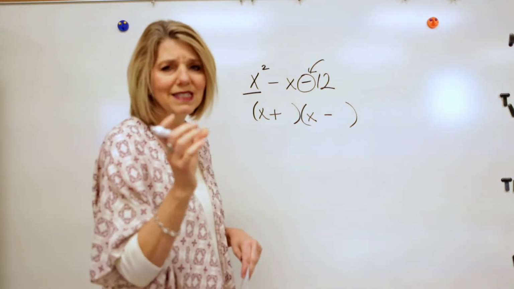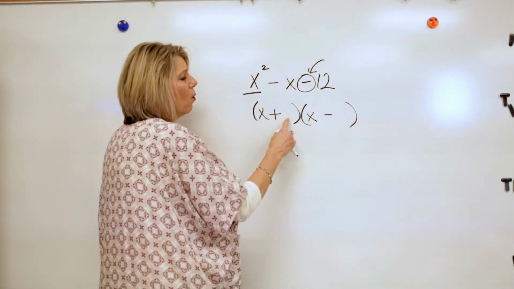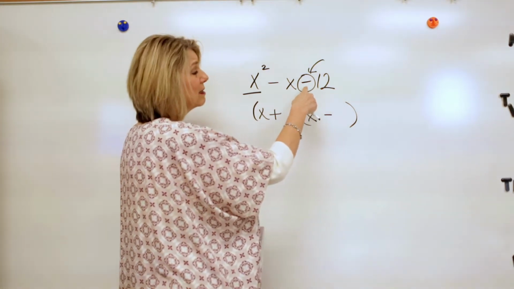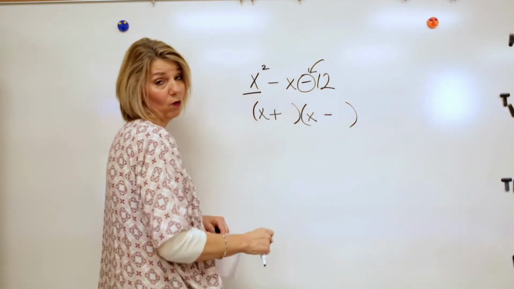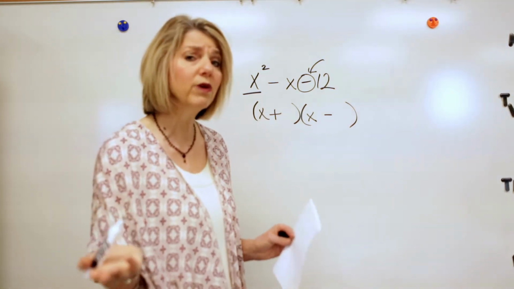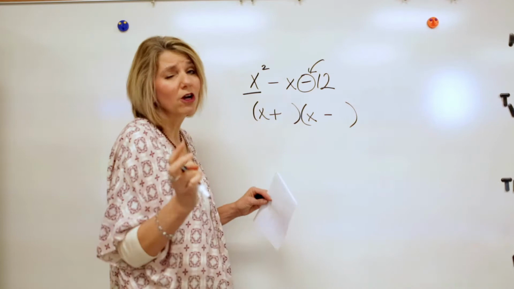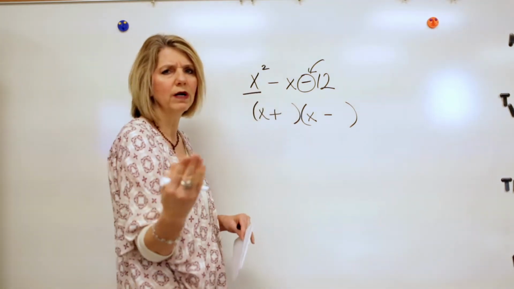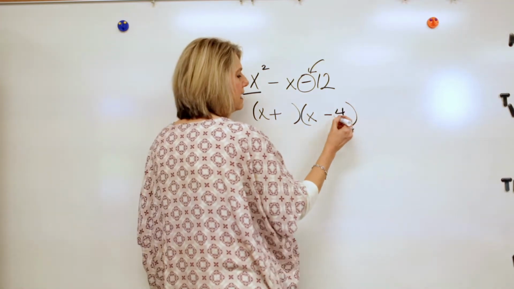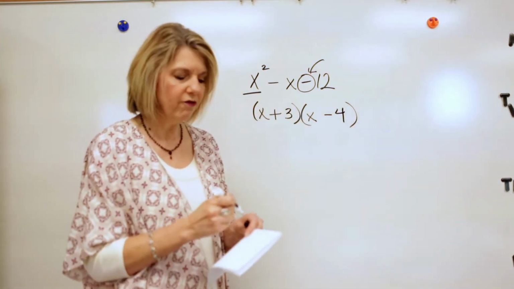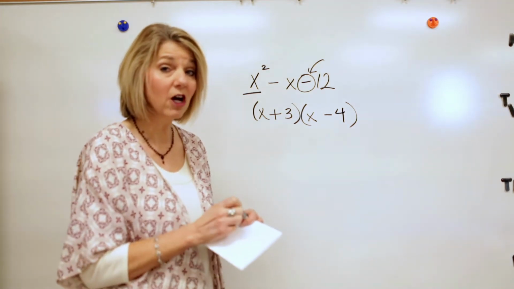Now I get to use this nifty little trick: what multiplies to get 12, but subtract those numbers and you get 1? Students can pretty easily figure out that that's 4 and 3. Sometimes they struggle with where to put it. Well, we want more negatives, so the 4 takes the negative. Most students do okay with factoring once they understand this concept.